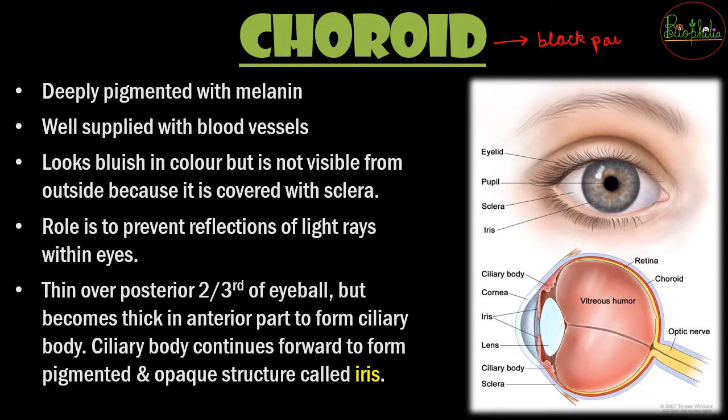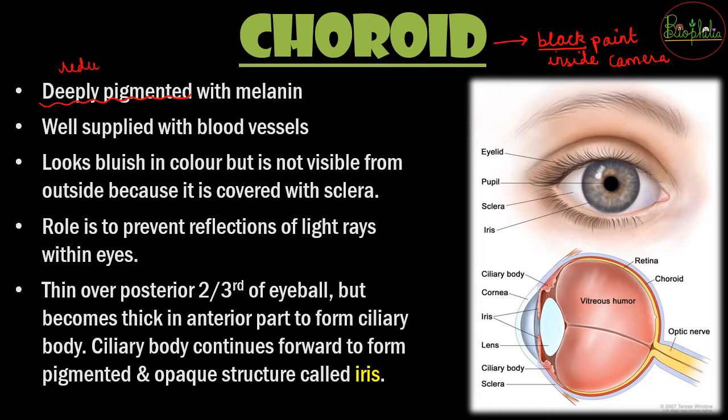As you all know, black is the color that reflects the least. Reflection from black paint is very low, and because it is not reflected, you cannot see that color; it is a black space. So the choroid layer is deeply pigmented with melanin, and it reduces reflection.